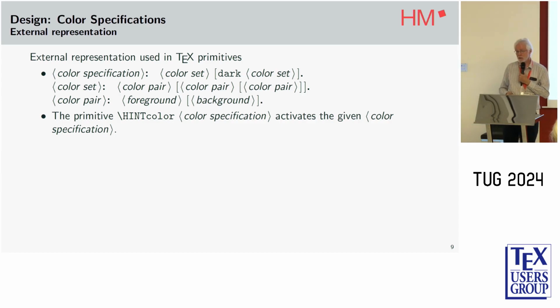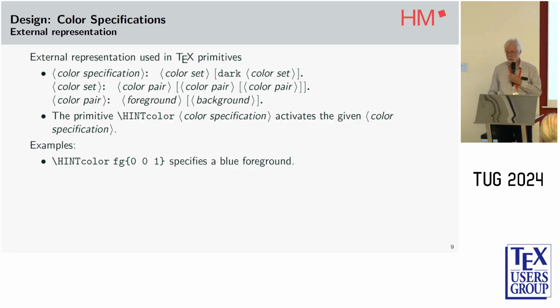And there is a primitive, it says just hint, which is a prefix for all the HiTeX primitives, hint color, and then you give a color specification, and this specification activates the given color, and from there on, all the next glyphs and rules are colored with the new color.